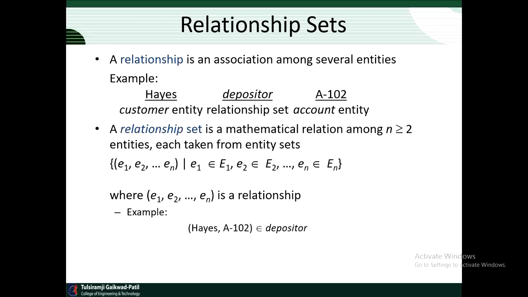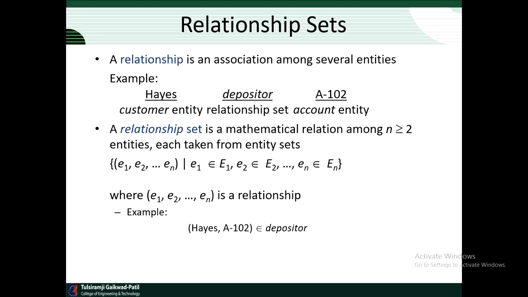Then a relationship set is a mathematical relation among n, where n is greater than or equal to 2, entities, each taken from entity sets. Here small e1, e2 up to en, that is e1 belongs to capital E1, small e2 belongs to capital E2, small en belongs to capital En.